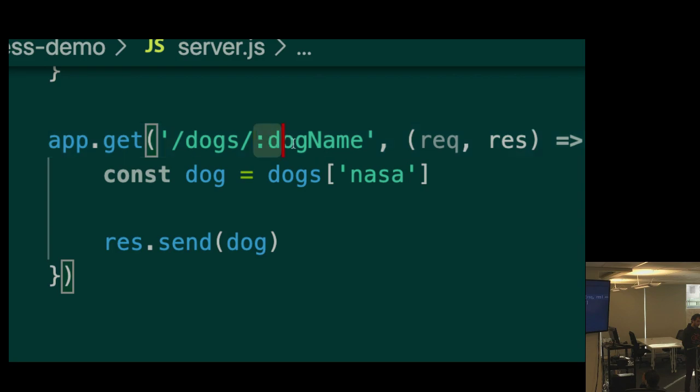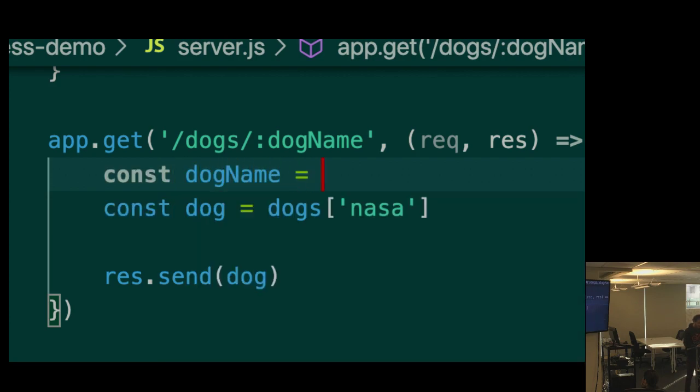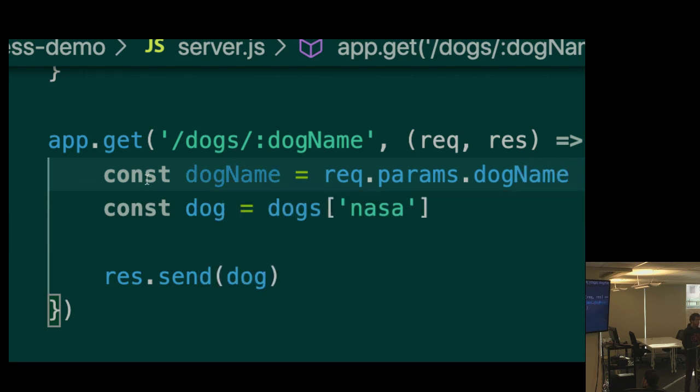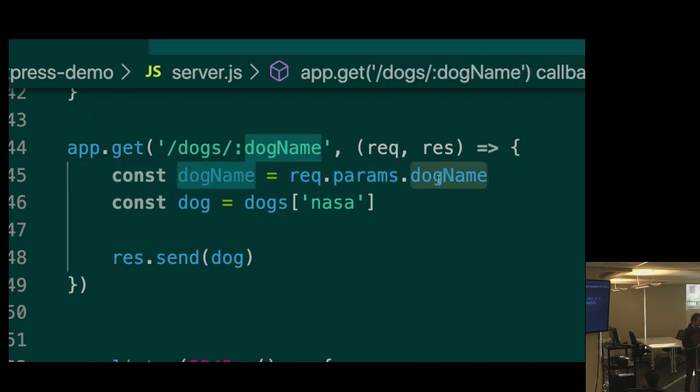If we want to access the dog name, we can go req.params.dogname. Any of these things that we put up here with a colon, you can access with request.params and then the name of it. So now if I wanted to use that dog name, I could go straight up dogs request.params.dogname. I think this line ends up looking way too long for me personally, so I like to do it in two lines.